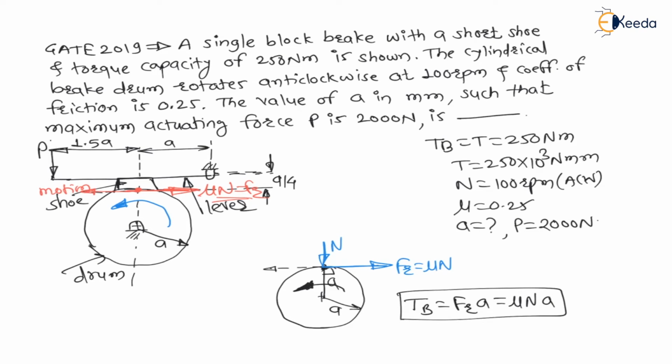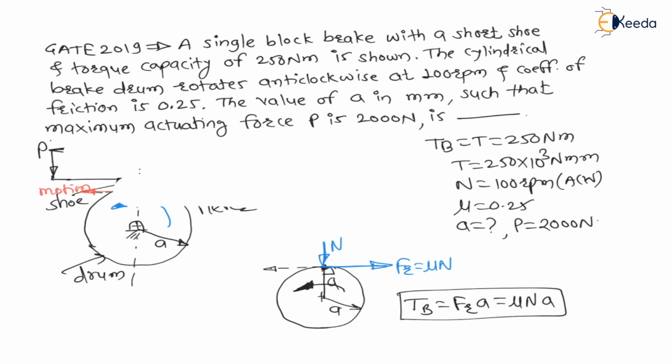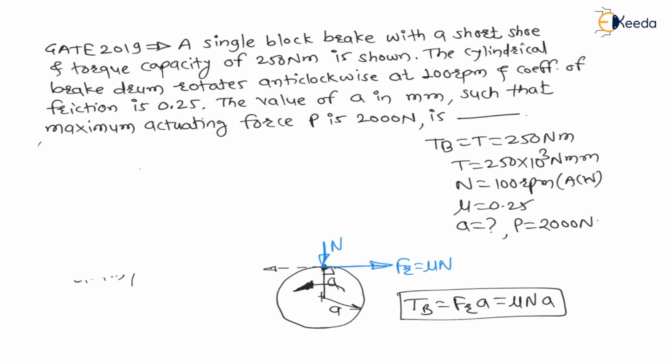Now let us draw the free body diagram for the lever. I will erase this diagram and draw separately the free body diagram for the lever. Now if I consider this lever, it is pivoted at one location.